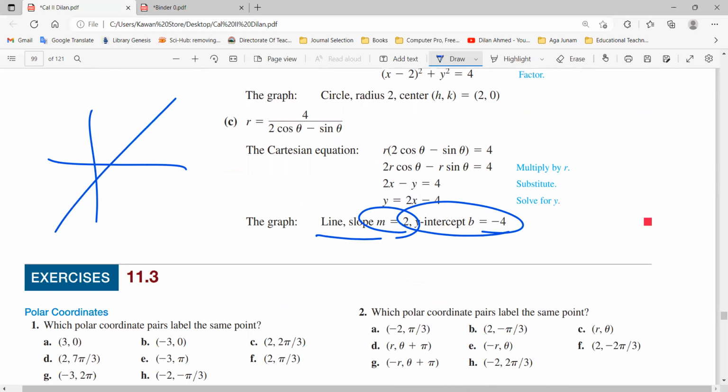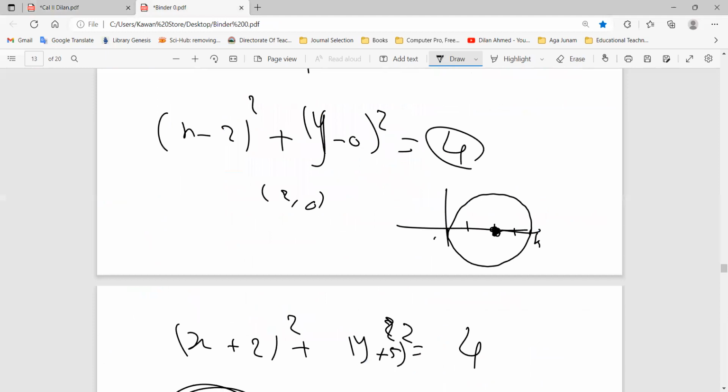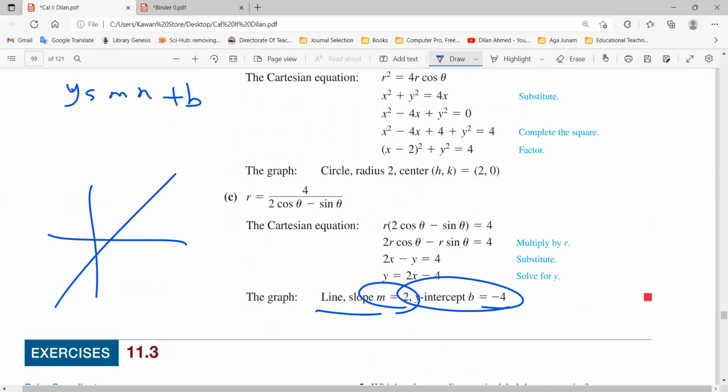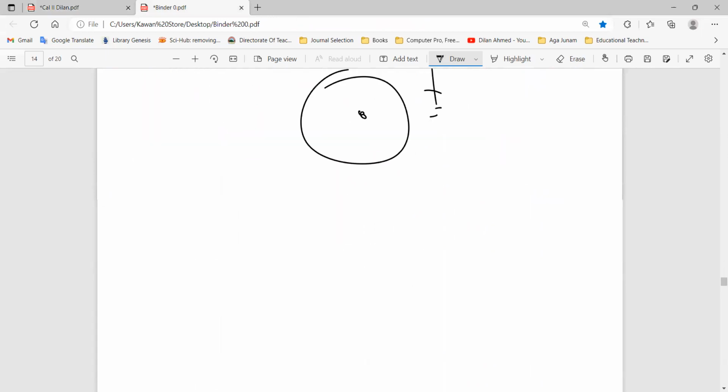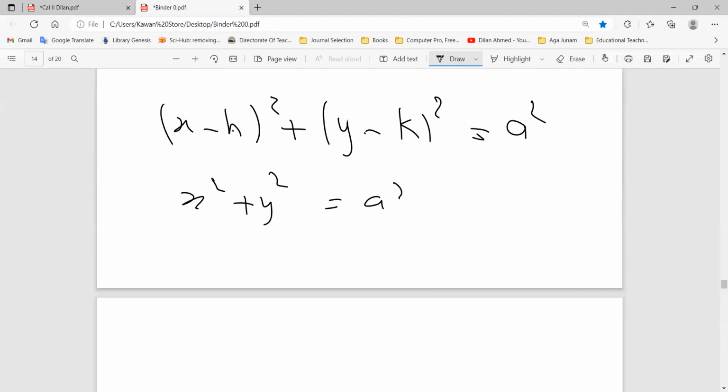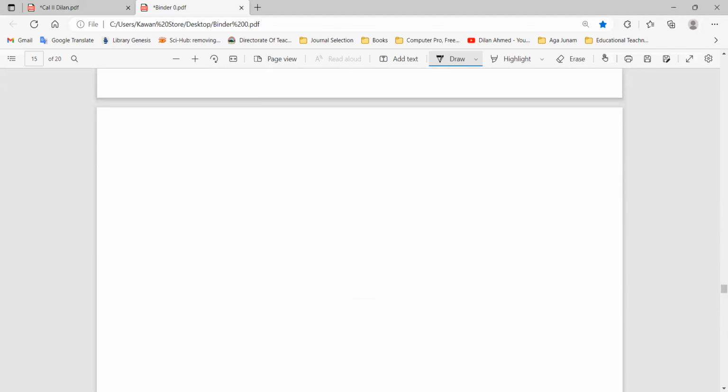Understood? Good. So you got many things here. First of all, do not forget section 11.3. The first thing is what? In part A, we see a point.